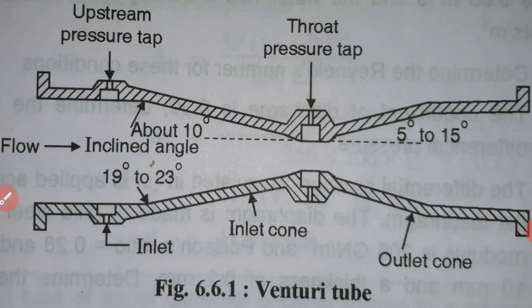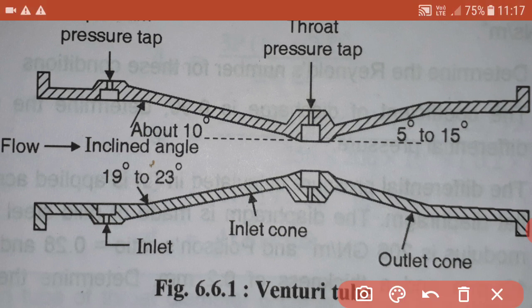Here we can see upstream tap. In upper side we can see upstream pressure tap, and in lower side there is an inlet, and here we can see about 30-degree slope, and angle of this is about 30-degree inclined angle. Okay, and here we can see it is 19-degree to 23-degree angle, and this is known as inlet cone because the flow is in from here, and here we can see throat pressure tap.